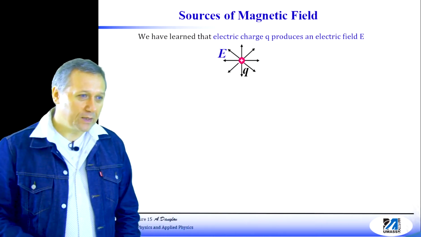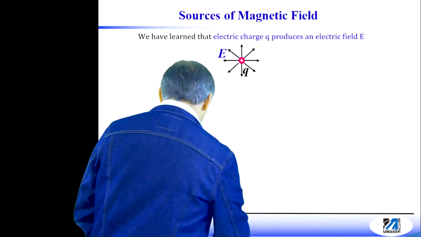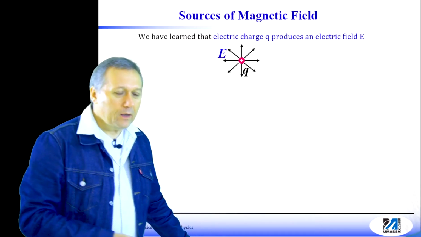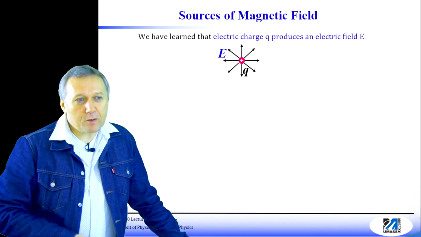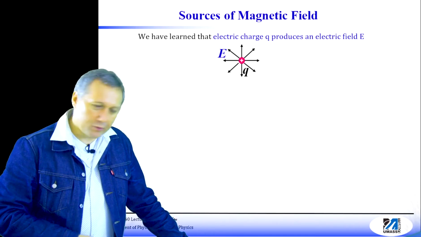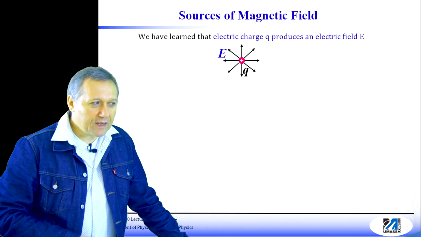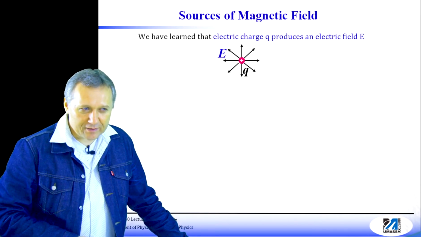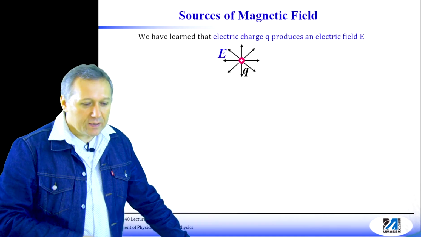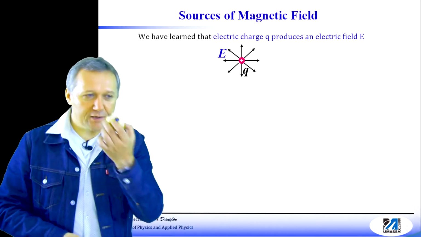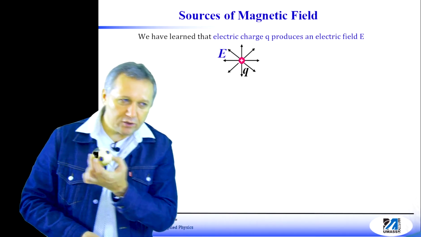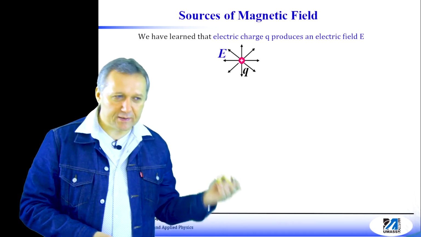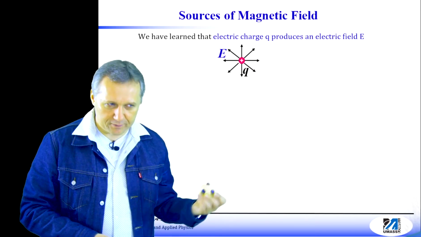Okay, so let's introduce it. In the world of electricity, of course, I will compare these two worlds quite often, whenever you have a point charge, that point charge all the time produces an electric field. It doesn't matter if that charge is stationary or if it moves. In both cases, it will produce exactly the same electric field.